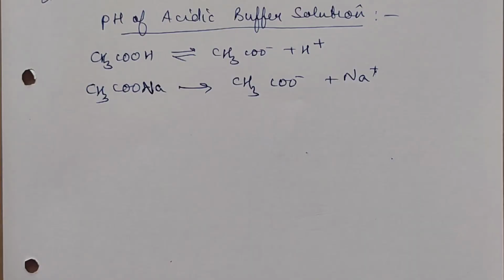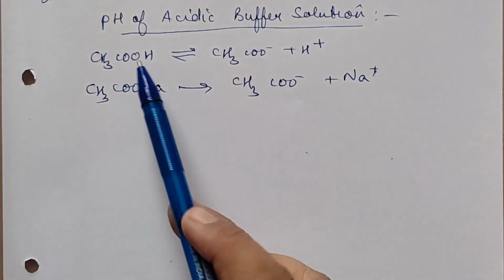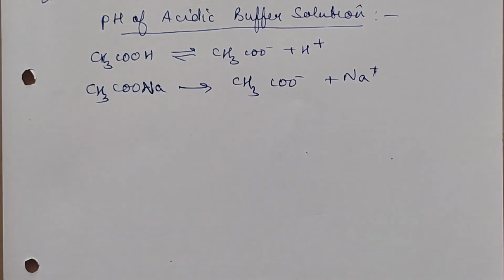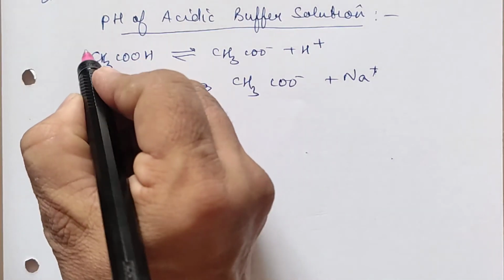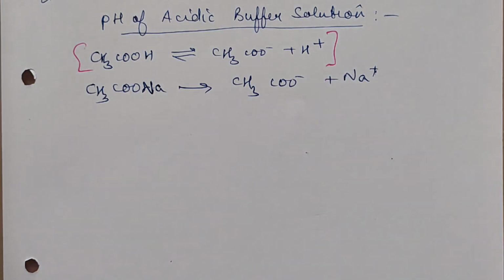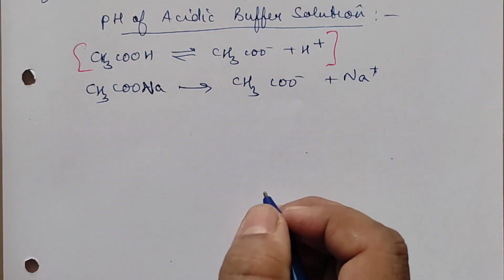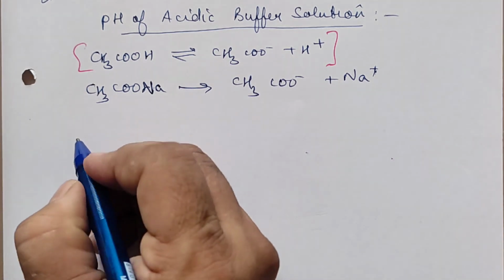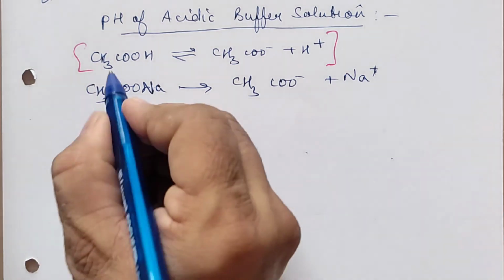Okay. Now our issue is we want to get a relation for the pH of the acidic buffer solution. Now first thing is this equation, which is a reversible equation. Let us apply law of mass action. I've already spoken about the law of mass action in the previous videos of chemical equilibrium. I hope you have watched that. So let's apply that.